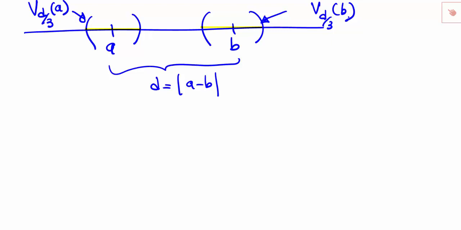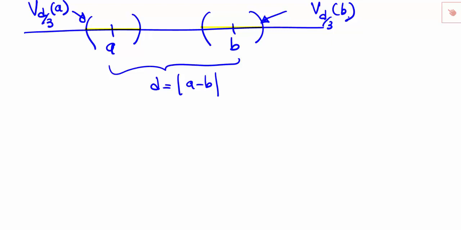And now the point is, remember that we said that a sequence is convergent if and only if for any epsilon neighborhood around the limit, you can trap a tail of the sequence inside that neighborhood.